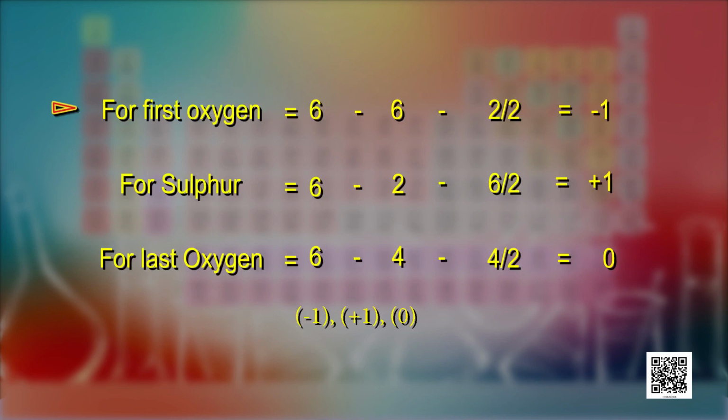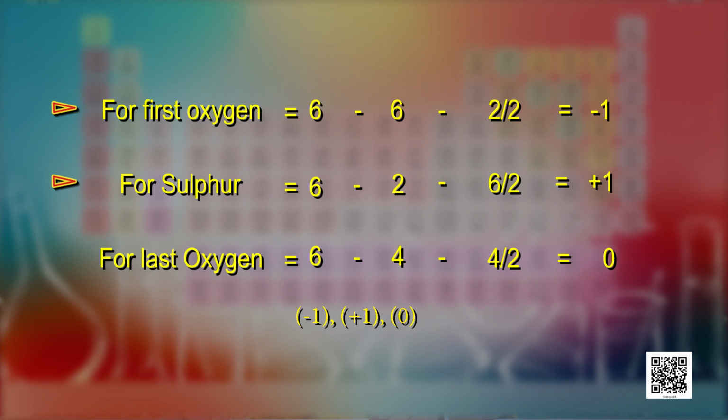If we consider the first oxygen, it has 6 valence electrons and 6 non-bonding electrons, and look here, 2 bonding electrons, which we divide by 2. So, what we get in total is minus 1. So, let us write minus 1 charge on the oxygen. Now, moving to sulfur. Sulfur has 6 valence electrons, 2 non-bonding valence electrons, and look here, 6 bonding electrons.